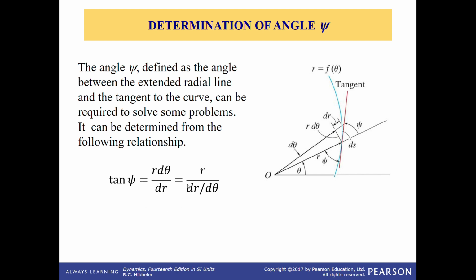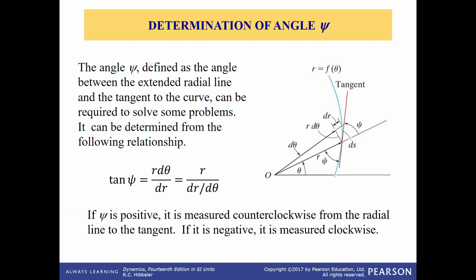So with this we will get this relationship, equal to r, because dr is this one, but we can put that as a denominator by dividing this parameter. So it will be reduced into r d theta over dr. If C is positive, it is measured counterclockwise from the radial line to the tangent. If it is negative, it is measured clockwise.